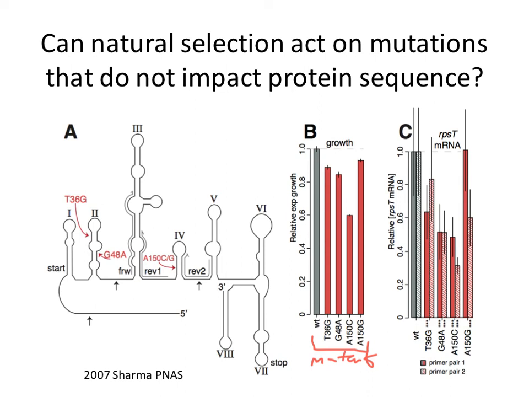And a lot of RNA molecules, especially messenger RNAs, will base pair with themselves, and they form these hairpin structures. So once a messenger RNA is produced, it tries to base pair with itself to stabilize itself. And that A150C mutation is there in the stem loop, in the stem of one of the hairpins.